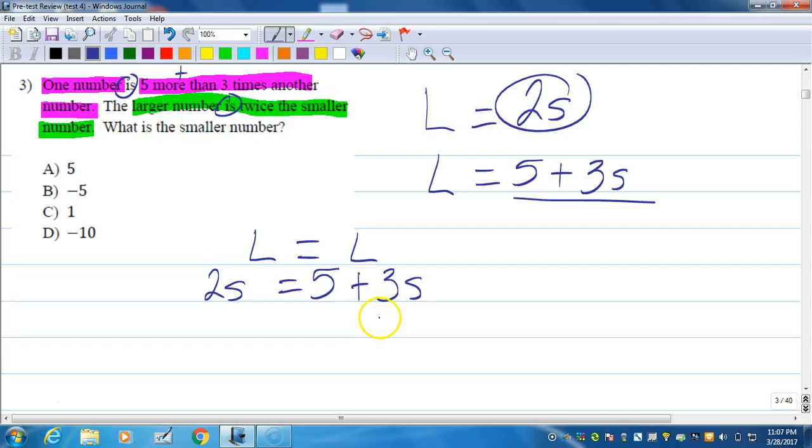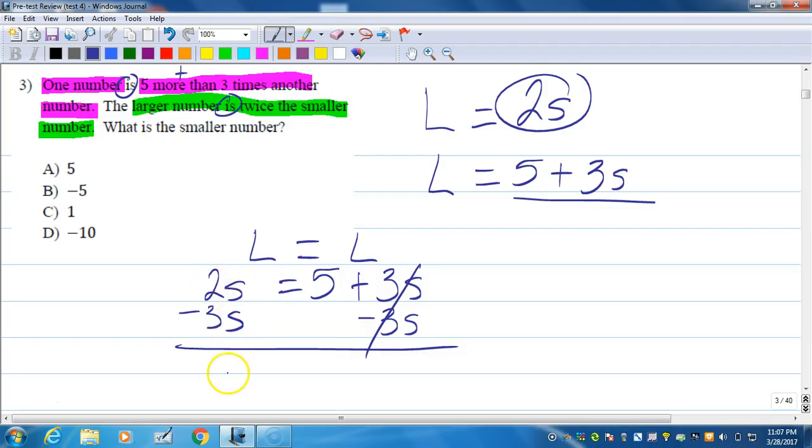Letters go with letters, numbers go with numbers. There's a 2S right here. It makes no sense to move the 2S over here, because there's already a 5 here. This 5 is a number. Leave it alone. So, move this 3S to the left. How do you move a positive 3S? By subtracting 3S. Now we have numbers with numbers and letters with letters.